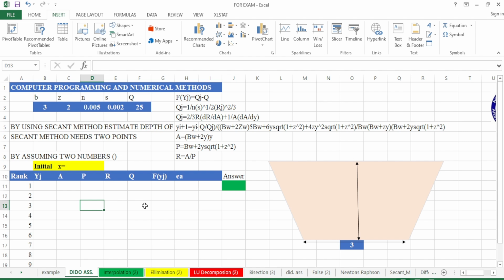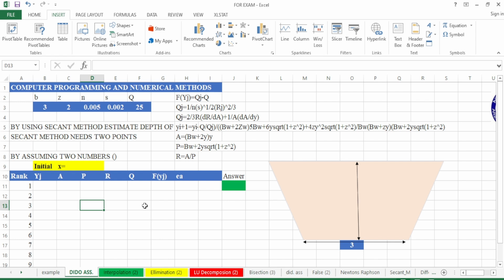So, depending on this given information, we can estimate the depth of the trapezoidal channel. And also, I provided every formula to estimate the depth of the trapezoidal channel here.